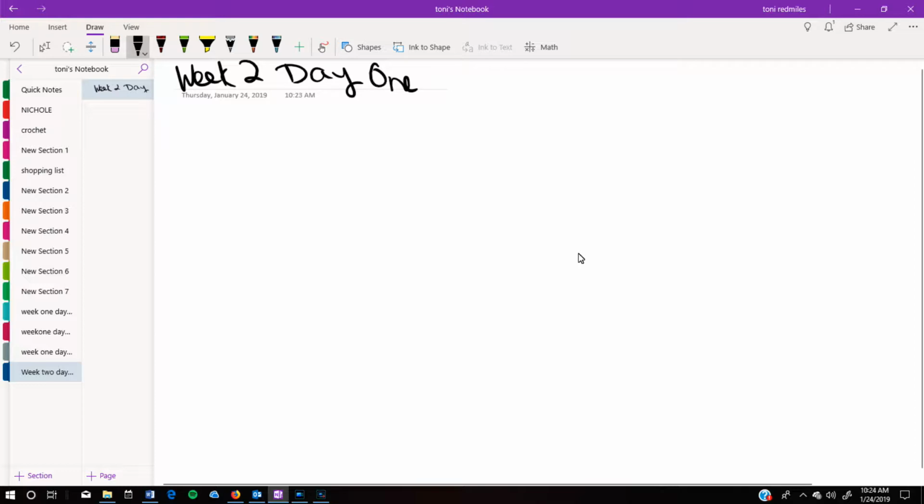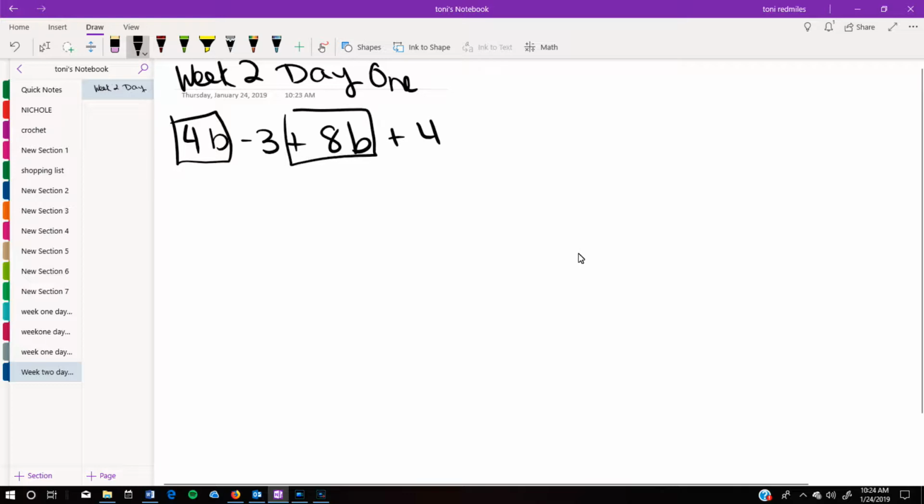The very first one says to simplify, so we're just simplifying the expression. This is like with this, so we'll combine them. And this is like with this, so we'll combine those. 4b plus 8b is 12b.